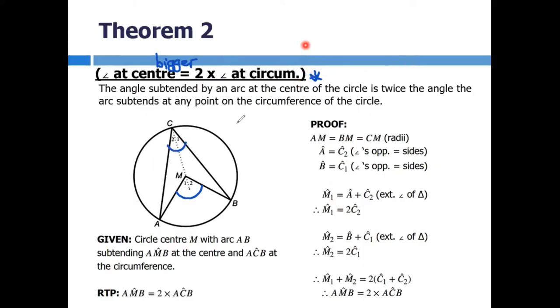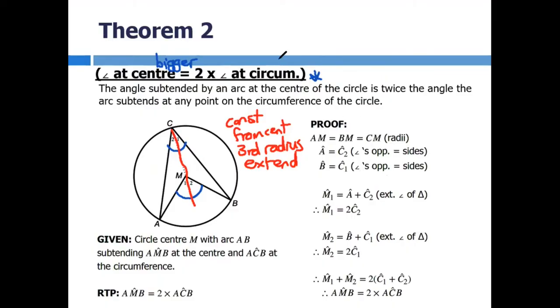So your construction is going to be from the center, you draw a third radius and you extend it. So you actually go past, so you're kind of cutting through both the angles through the center, and you don't have to go all the way across, but you do have to go past the center because you're trying to create a little M1 and an M2 and a C1 and C2.